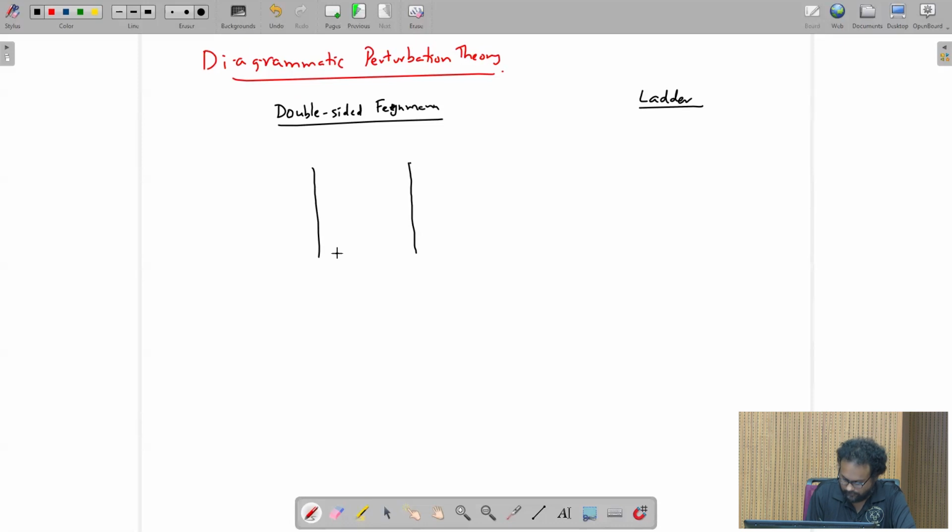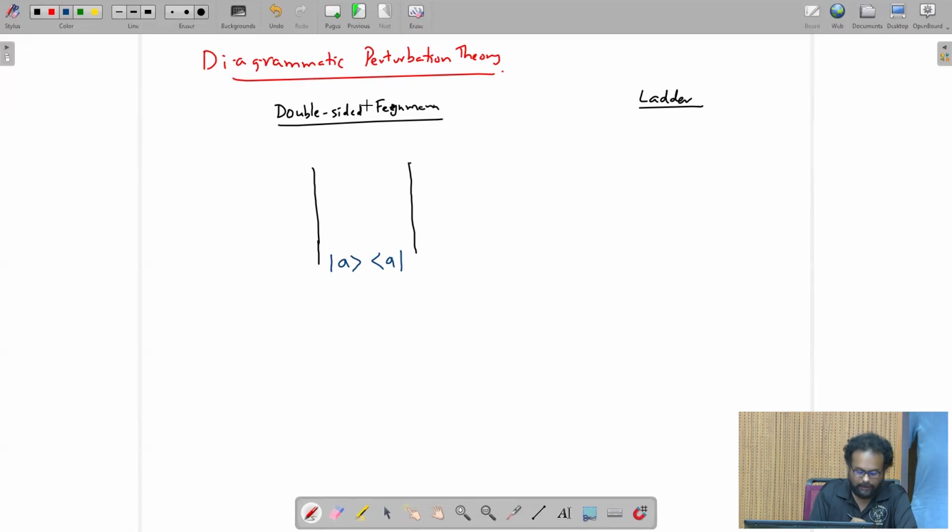For example, a two-level system, A and B, or C, whatever it is. Start with the ground state population. Now, the Feynman diagram always goes upwards.